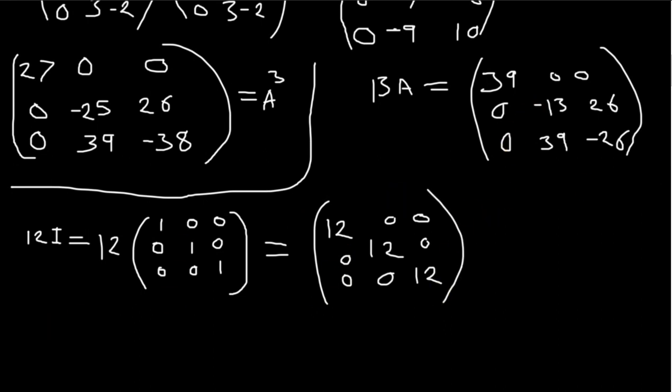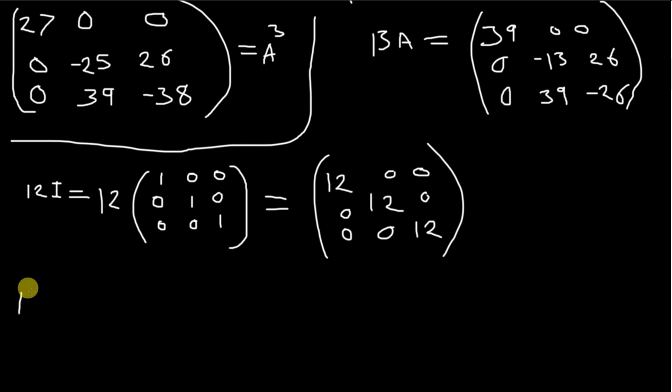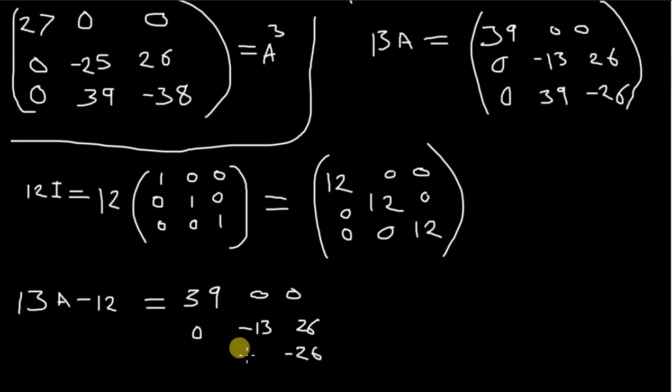So in short, what we're trying to say is 13a minus 12i is going to be equal to, so 13a is just this matrix there, which is 39, and then you have 0, 0, then you have that negative 13 there, you have 26, you have another 26, but this one is negative, and then you have 39 there, then you have a 0 there.